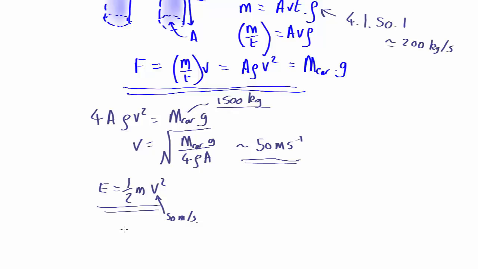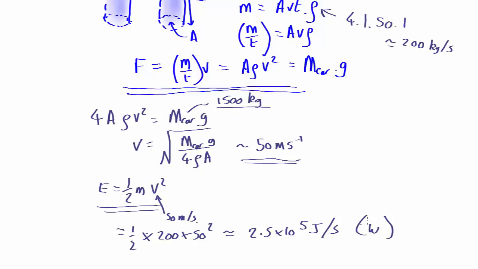So you factor 200 kilograms in here, that's about a half times 200 times 50 squared, which is about 2.5 by 10 to the 5 joules per second. Now remember, this is per second because we had our mass per unit time. So that's actually a power, that's in watts. So that's quite a lot, 250,000 watts to keep this thing in the air.